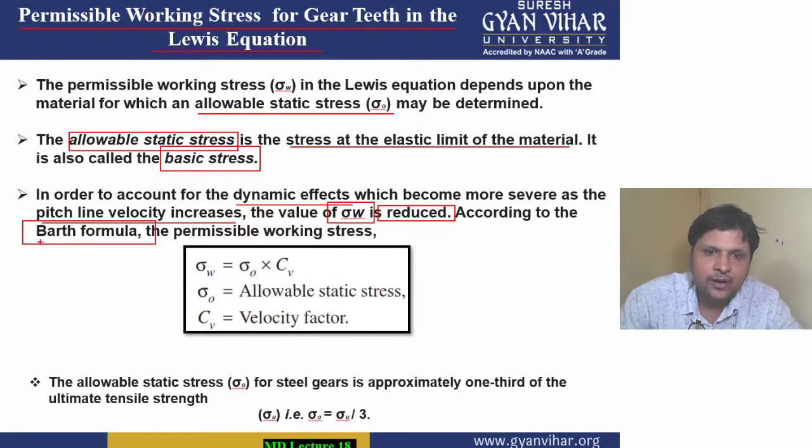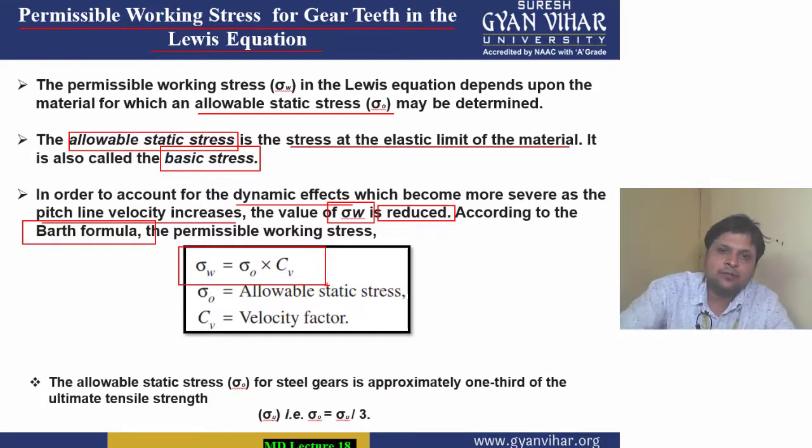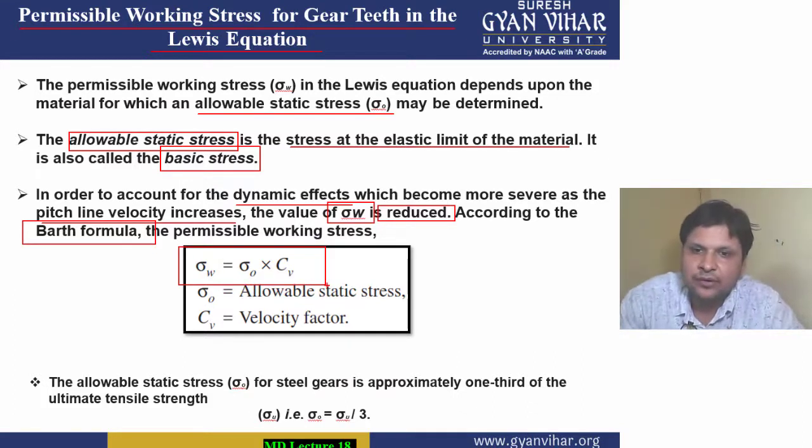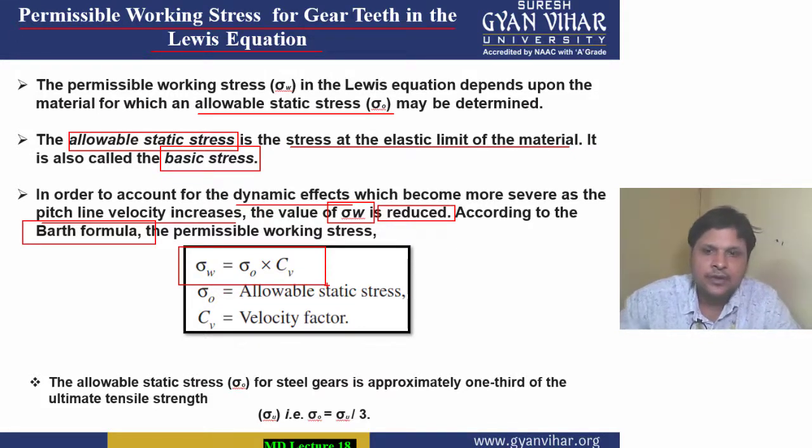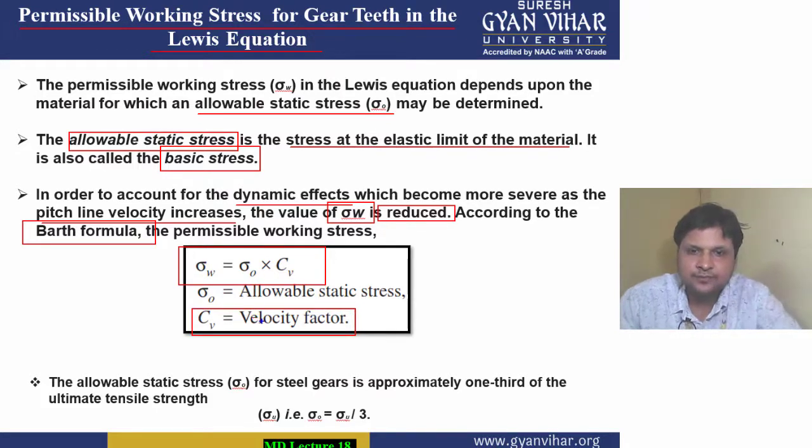Students, it is known as Barth formula, and it gives the value of permissible working stress by the formula sigma w, that is permissible working stress. Sigma w is equal to sigma naught into CV, where CV is your velocity factor, students.